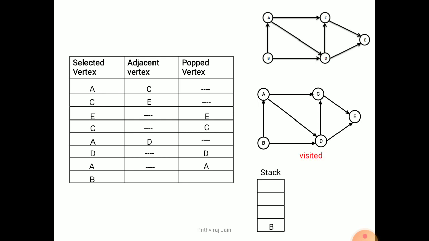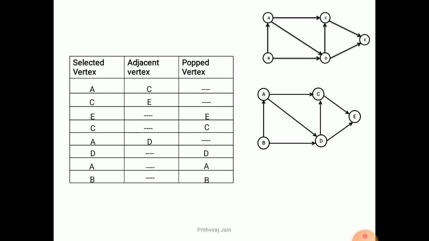So there is no unvisited adjacent vertex for B, it is nil, and then we pop the vertex from the stack, that is, the popped vertex is B.